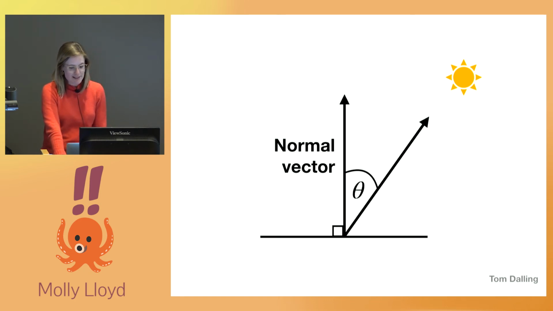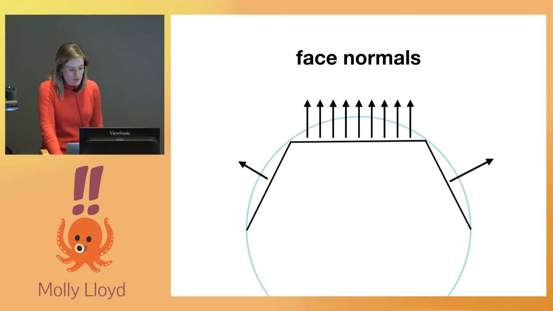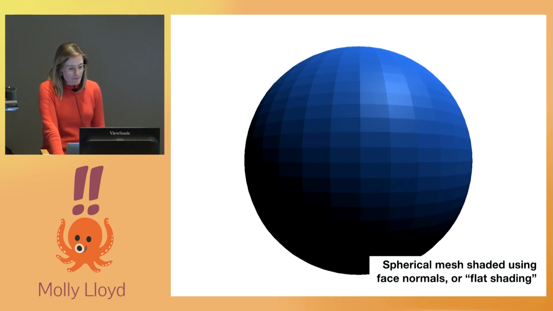How much a surface is illuminated or shadowed depends on its orientation with respect to the light source. The brightness of a point depends on the angle between the light source and the normal vector of the surface, which is the perpendicular vector. Triangles are planar, so the surface tangent is constant for triangles, and the normal vector will be constant over the surface as well. So it's important.